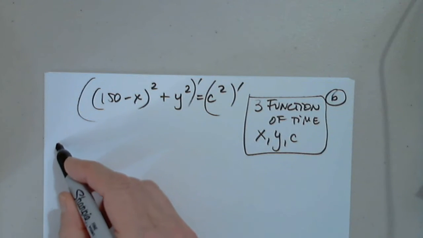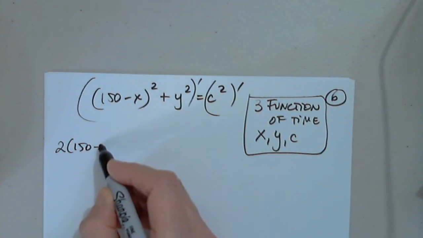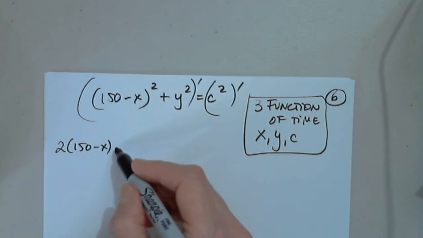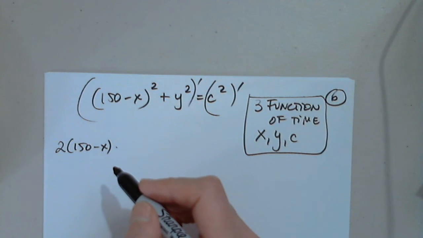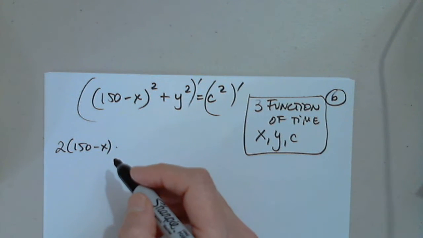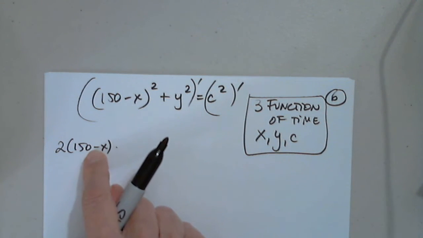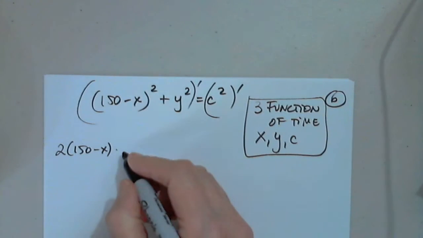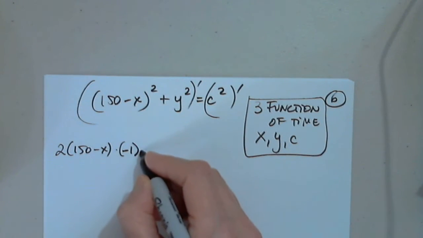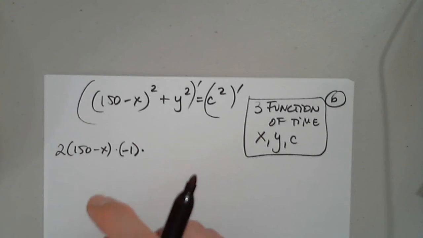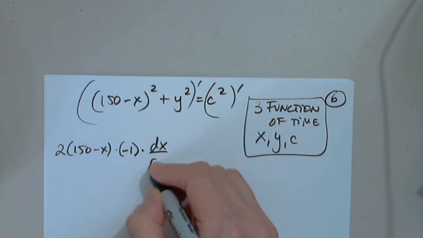Okay, so it'll be 2 times 150 minus x, times negative 1 times dx over dt.